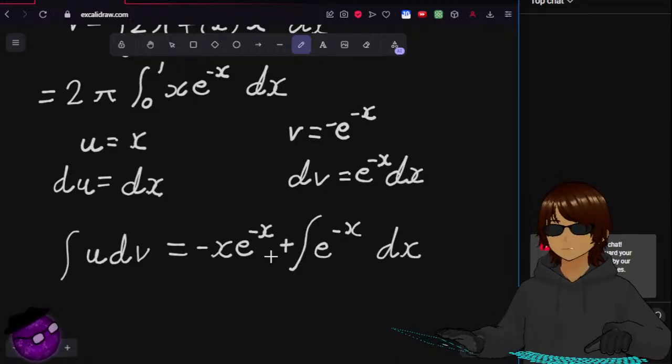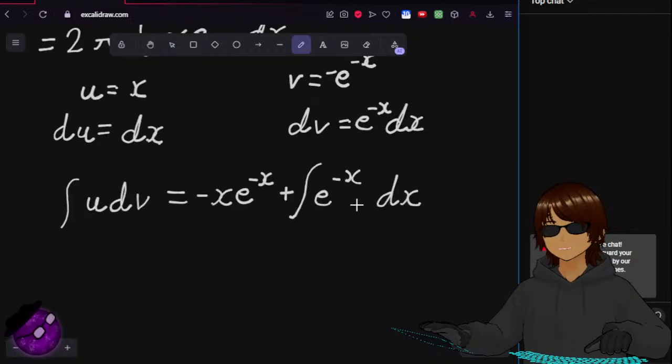Is that right? Integral of e to the power of minus x would just give us this.